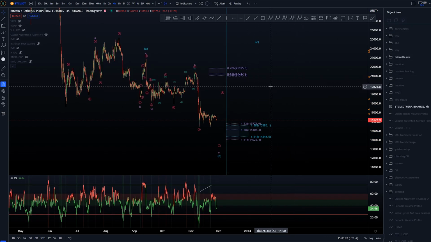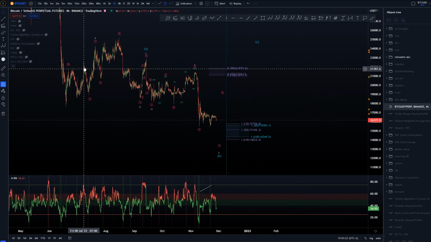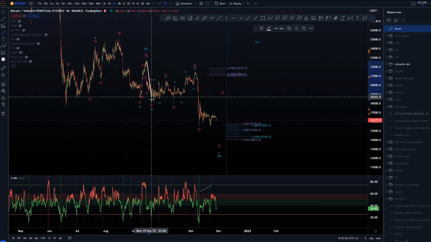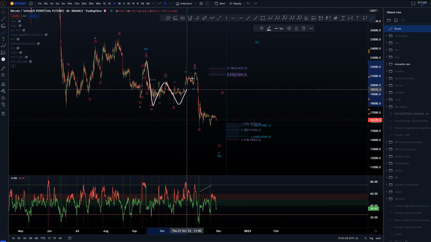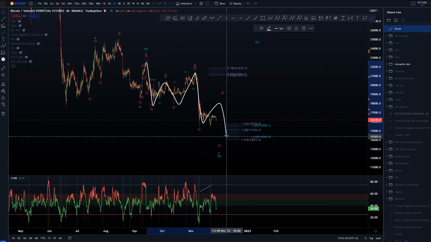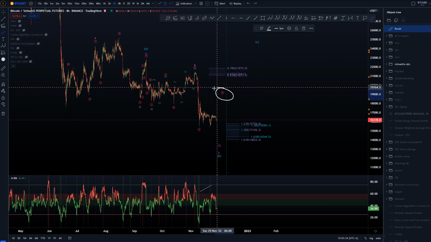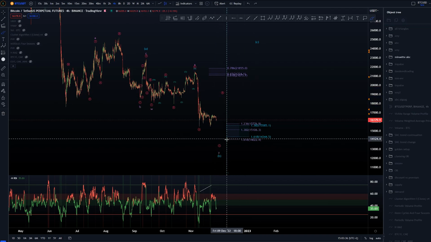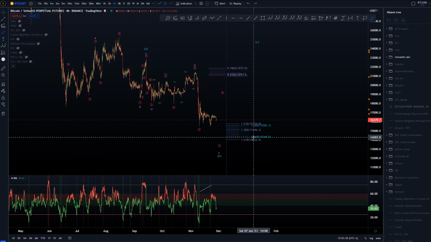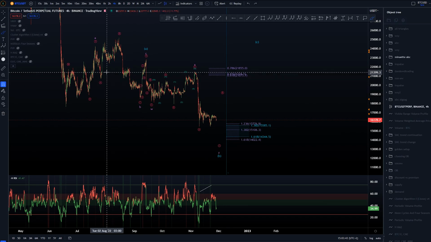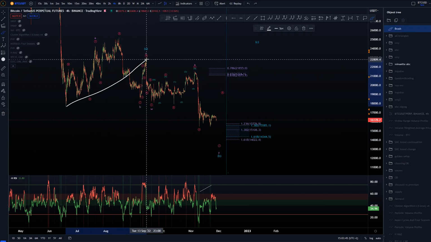The one that I've been tracking mostly as my main has been this, where we would have this as an ABC into an A wave, then ABC into W, ABC into X, and now looking for another ABC coming down. We would like this wave B here to get as high as possible, because this 1.618 on the light blue is the retracement of this move.